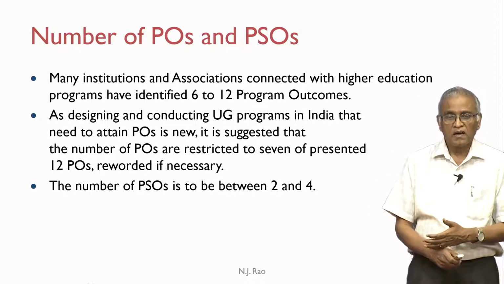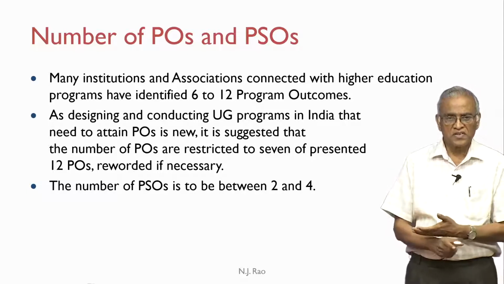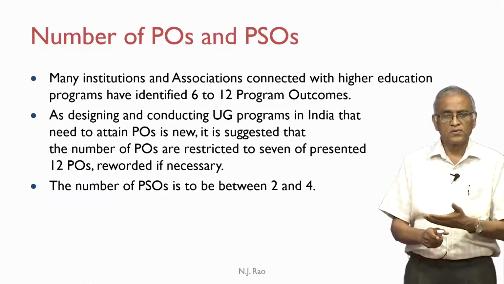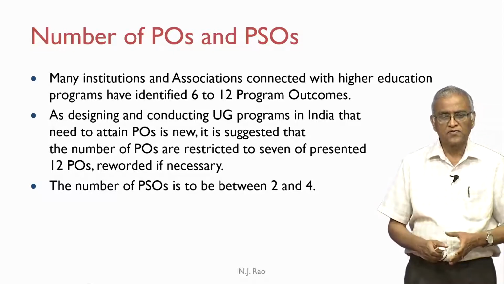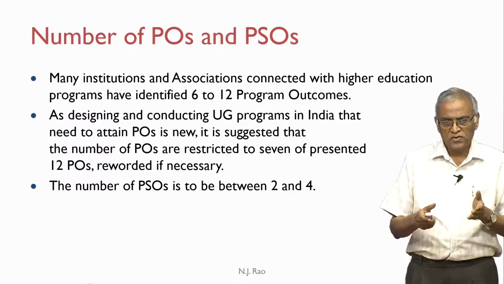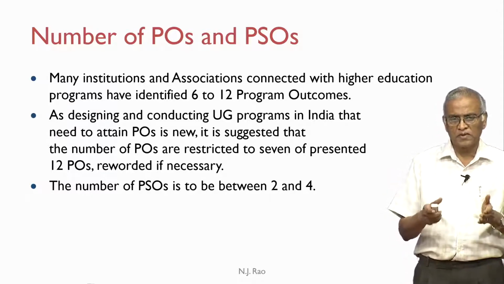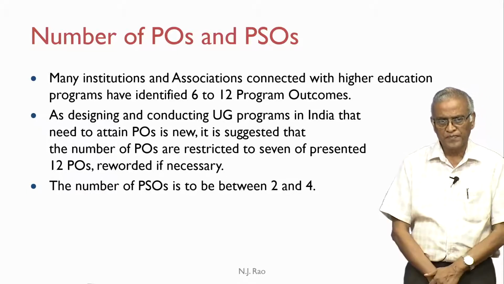Okay, but finally, when they are finalized, you are not going to change them every other day. All the faculty will have to believe in them, and they have to work towards facilitating the students to attain these program outcomes by the end of a 3-year or 4-year program.